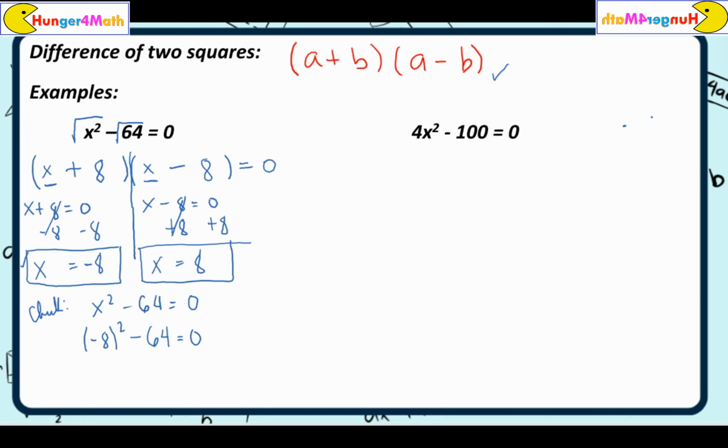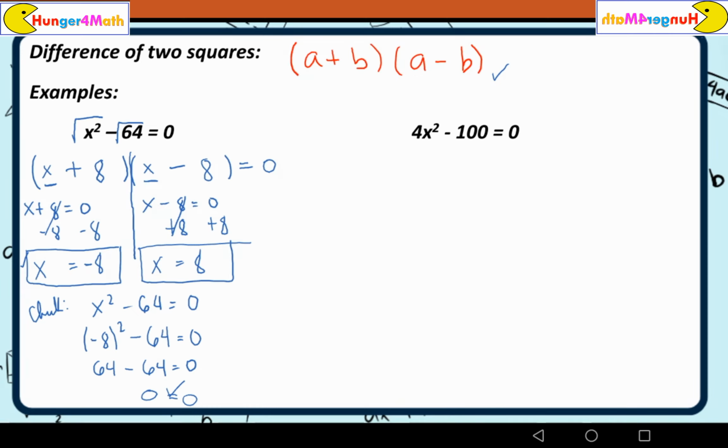Then negative 8 squared is 64, minus 64 is equal to 0. Then 64 minus 64 is 0, equal to 0. So our answer is correct. The same thing with positive 8. It will give you a value of 0. So it's still correct. The values of x are negative 8 and positive 8.